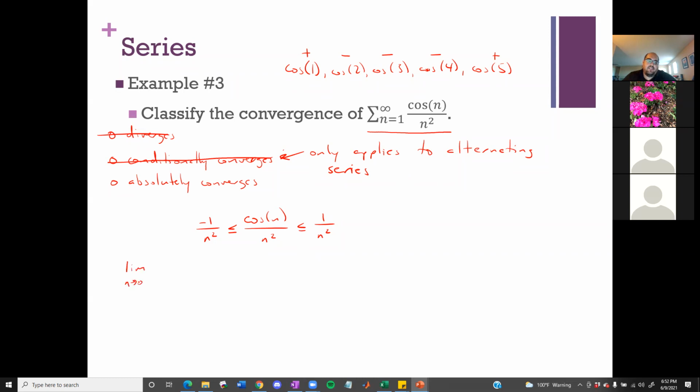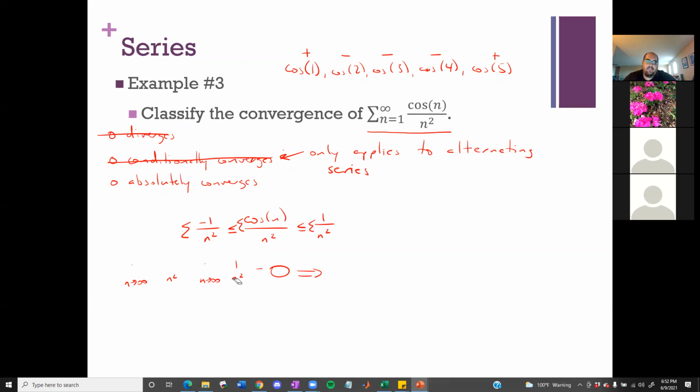So the squeeze theorem says I get to just look at the limits of these bookend sequences. Actually, I really should be looking at their series.